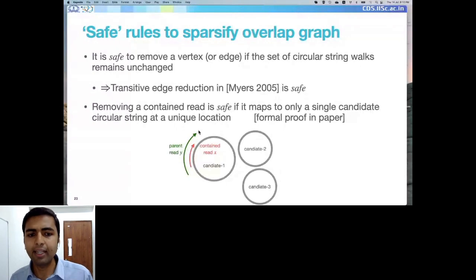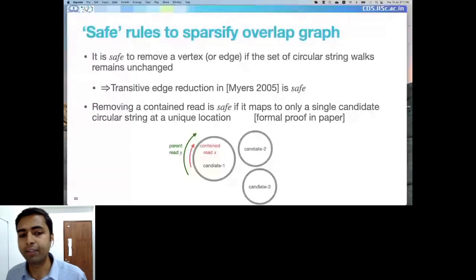This result is intuitive, because if you imagine there are multiple candidate assemblies, but the contained read only maps to a single candidate, then we know that the parent read Y, which actually contains X, will also map to the single candidate exactly at that location. So even if we remove the contained read X, the parent read Y can still support the coverage at that region. So in that case, it is safe to remove the contained read.